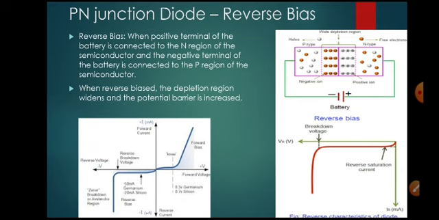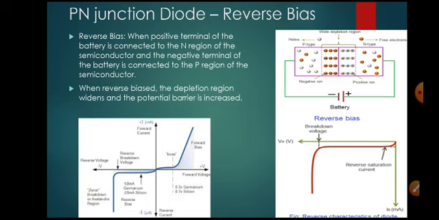So the depletion layer widens, and the barrier potential increases. Here, only minority charge carriers move across from the P region to the N region.